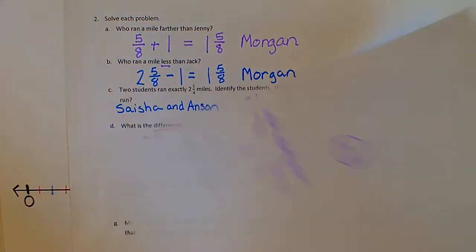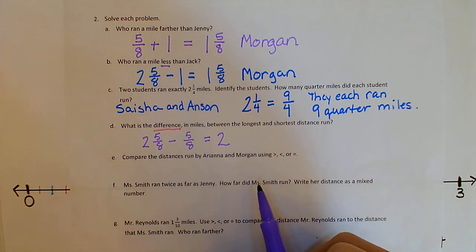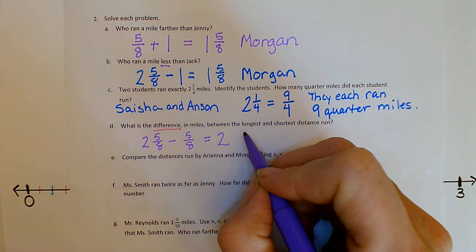Which we already did right here in the problem set. We already wrote 2. So now we want to answer this with a sentence. 2 miles is the distance between the longest and the shortest run.